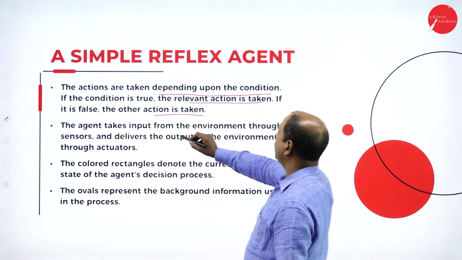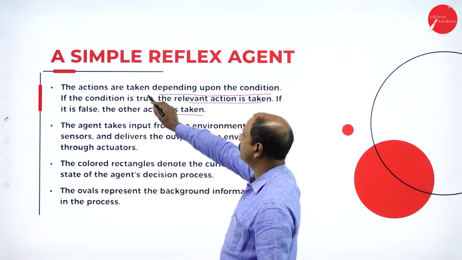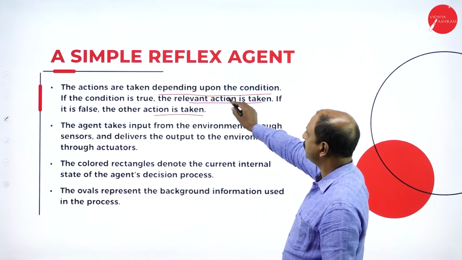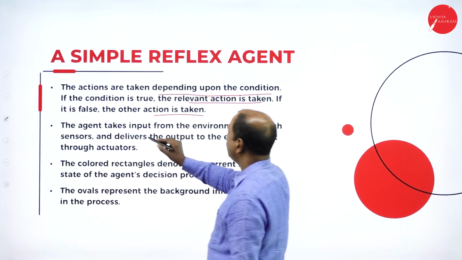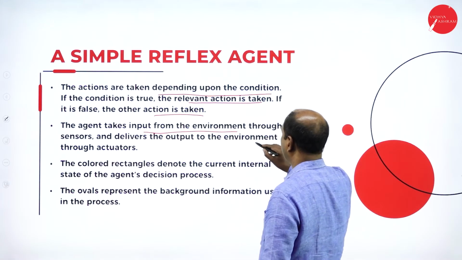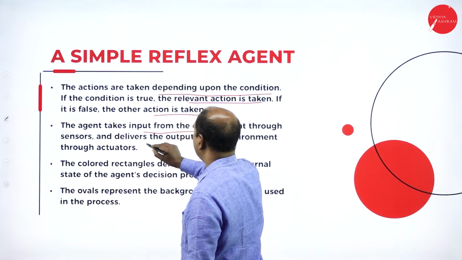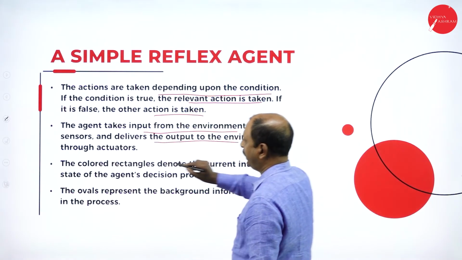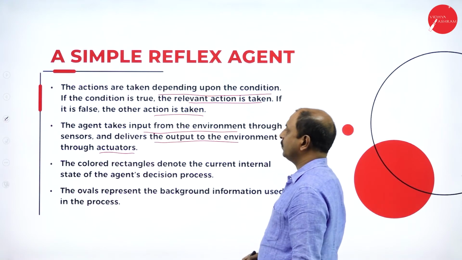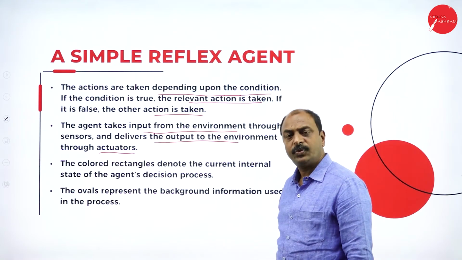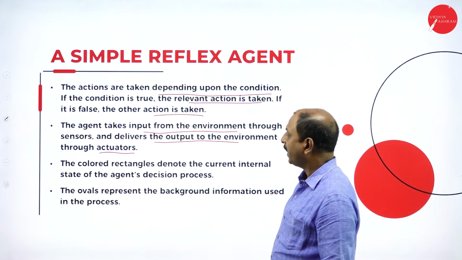Based on that, it takes the decision based on the current percept. The agent takes input from the environment through the sensors and delivers the output to the environment through actuators. So it takes the input, and the actuator performs the action.